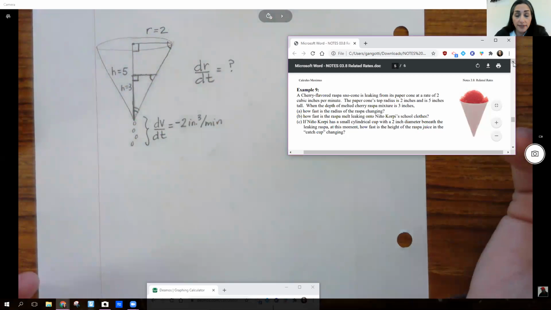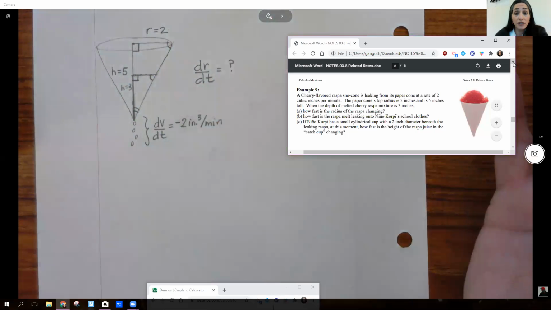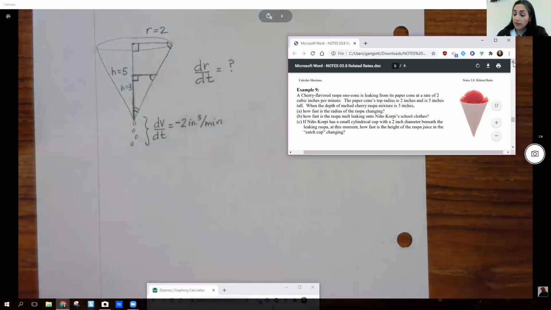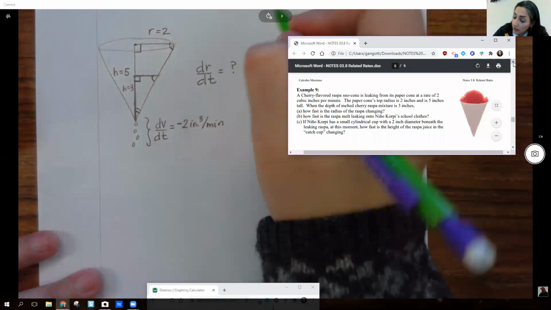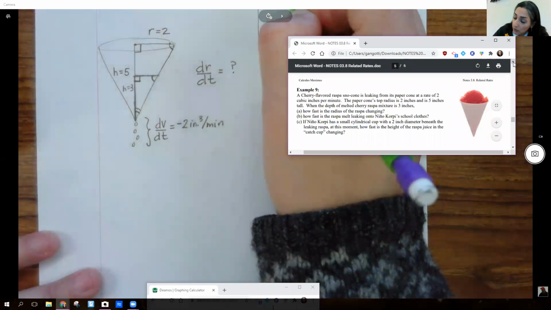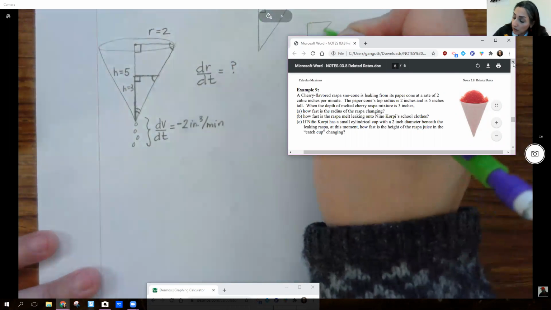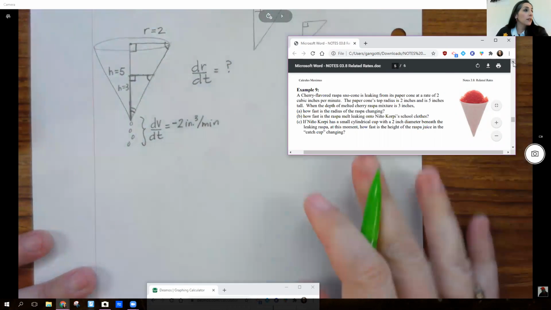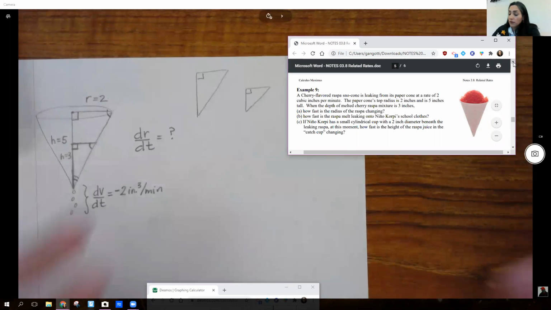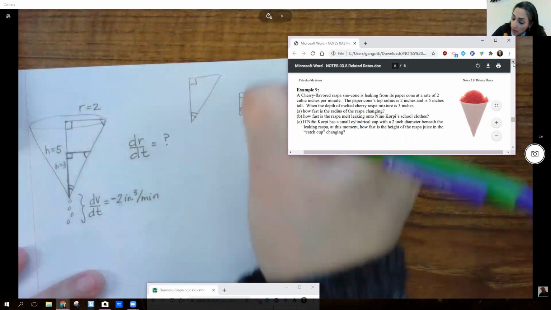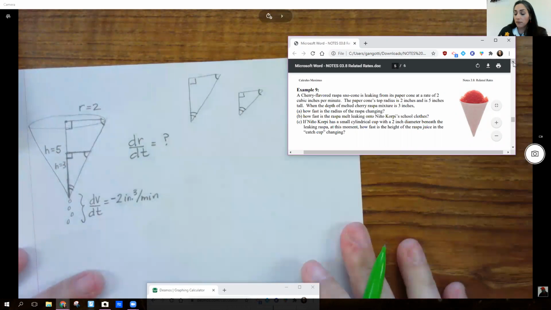What's that do for us? It means their sides are going to be in a set ratio. So we could say, if I brought this out, you got big right triangle and little right triangle. They both have the same angle. They share this angle up here.